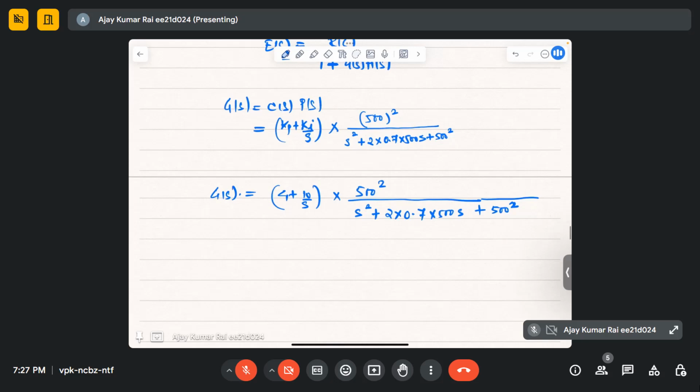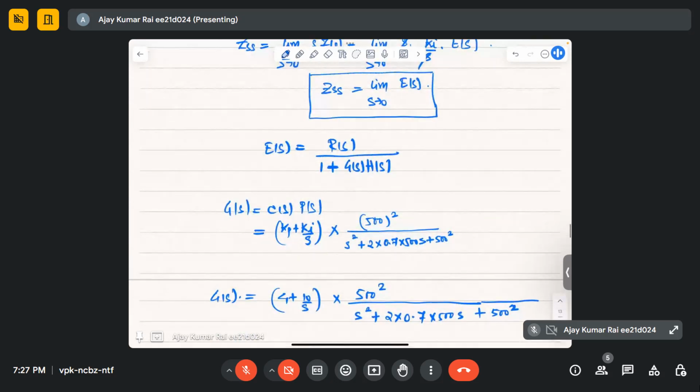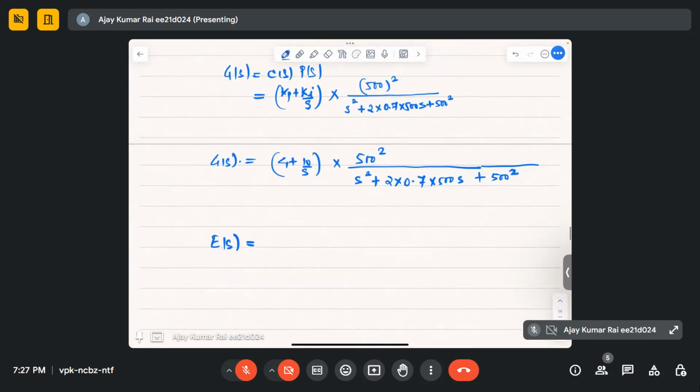Okay, so let's find E of S. R of S is given, it's a step function. Okay, so R of S is equal to 1 by S. Okay, so 1 by S, divided by 1 plus GS into HS.